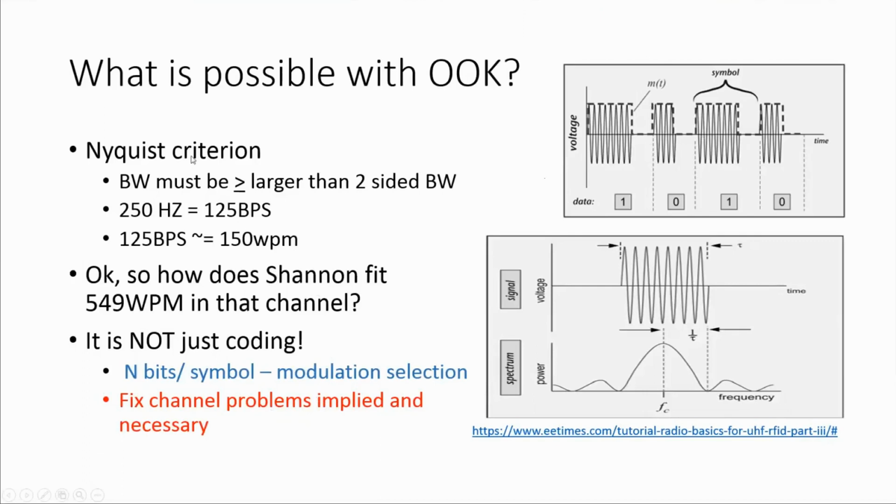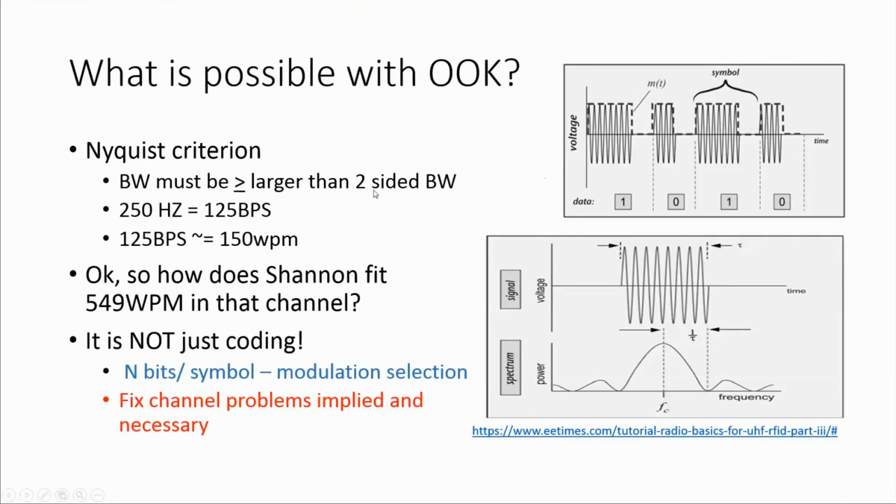I should have mentioned this. This is a picture of on-off keying. We all know what this looks like. It's just Morse code. So if you have a pulse, you can figure out what the two-sided bandwidth is based on the duration of the pulse. So this 1 over tau is the one-sided bandwidth. So the two-sided bandwidth is the duration of the pulse, 1 over that. There's some confusion about what Nyquist means.